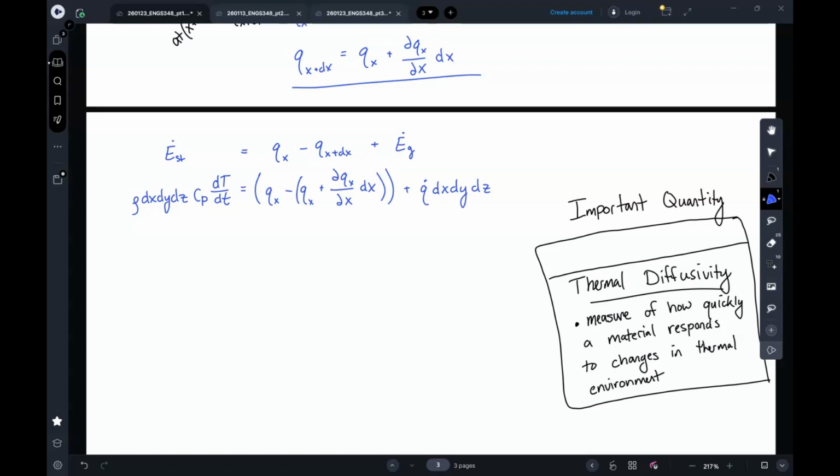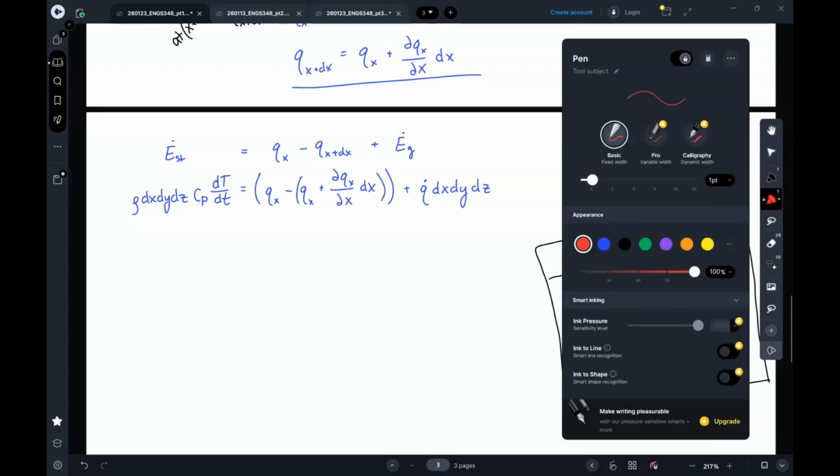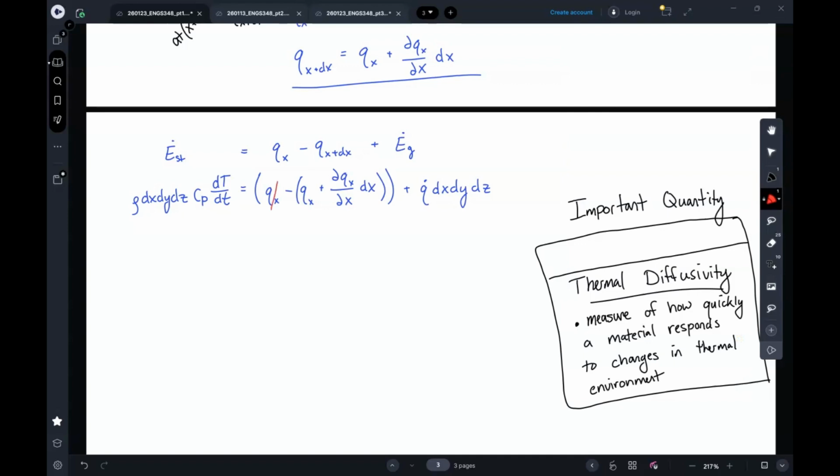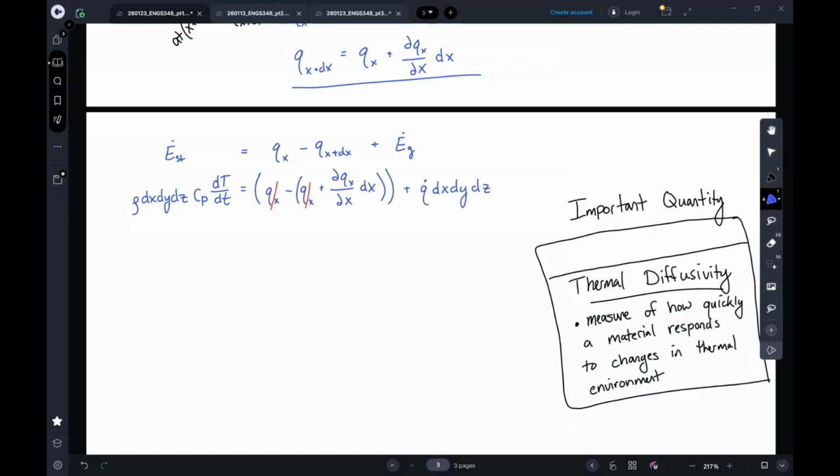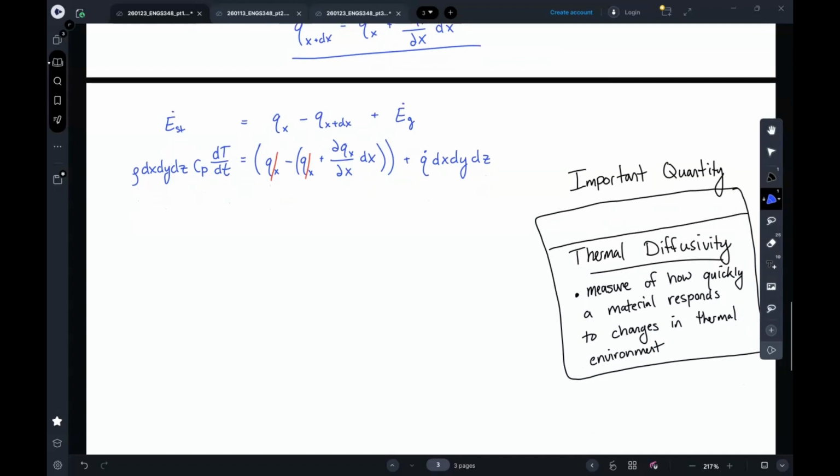All right, so why did we do this kind of funky notation? Well, because we can see, maybe I'll do it in red, that qx and qx cancel out. So this gives us a way to simplify our equation quite a bit. We now have some extra stuff.